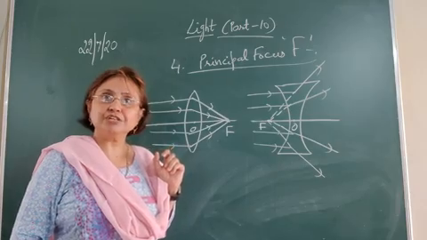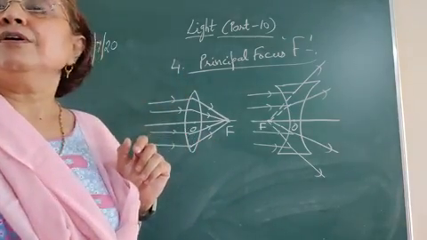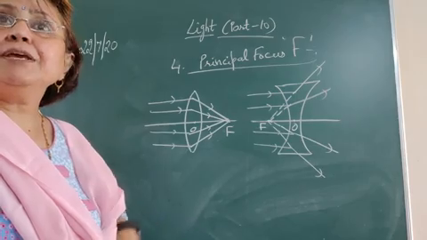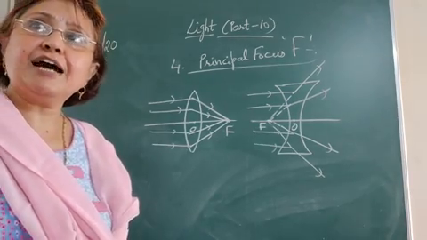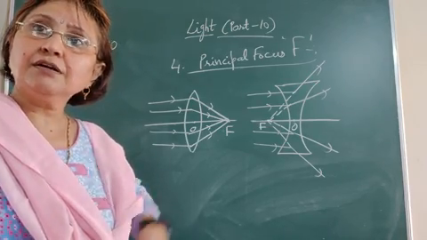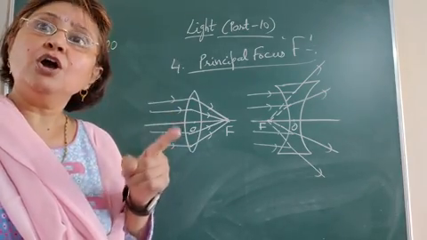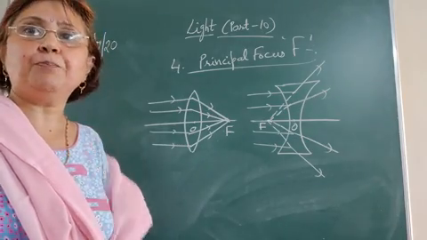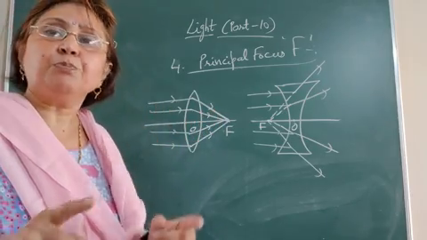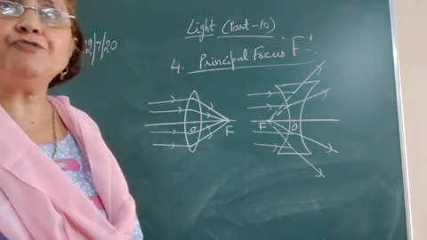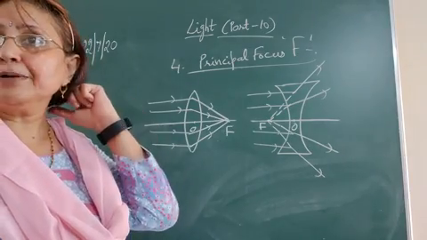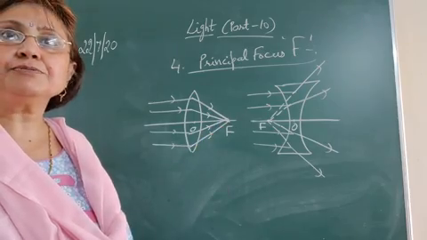So a general definition of principal focus: a parallel beam of incident light after refraction either actually meets at a point on the principal axis, in the bracket you can write convex lens, or appears to diverge from a point on the principal axis, in case of a concave lens. This point is called the principal focus. Now write the term principal focus and draw both the diagrams.